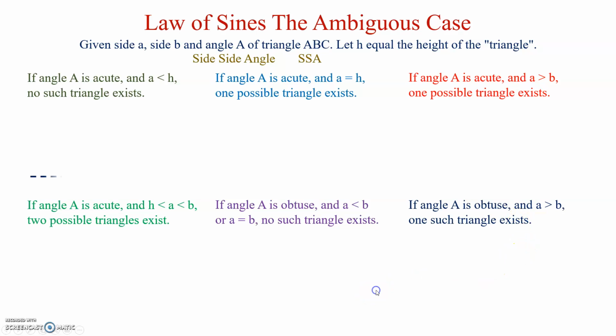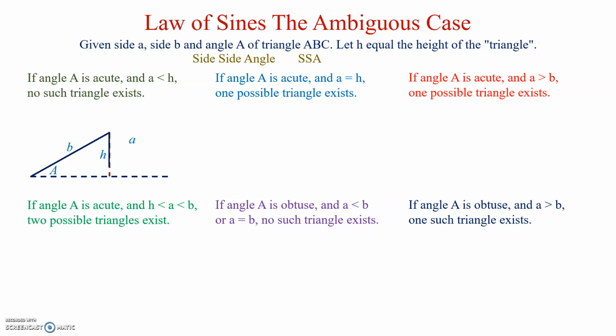So if we had an acute angle, and there's our side b, we have to determine the height. Once we have the height and compare it to the opposite side a, we notice that a is less than the height. If that's the case, no triangle can actually be formed.